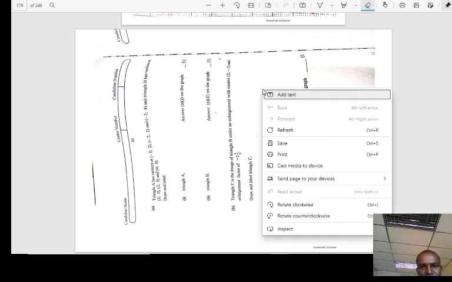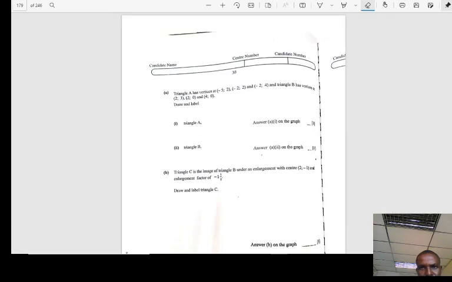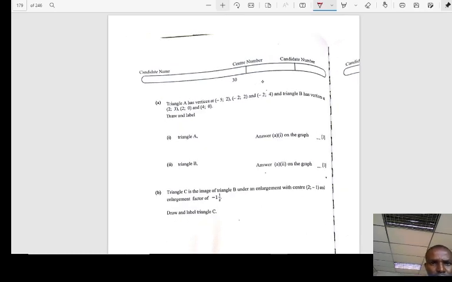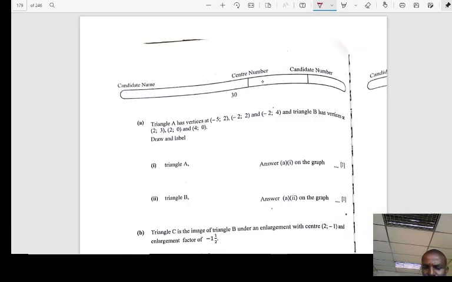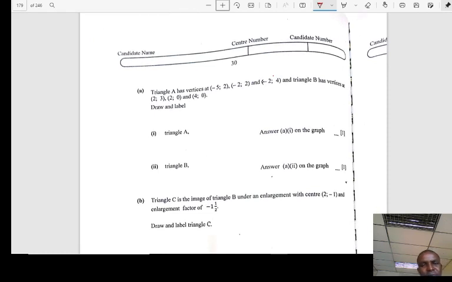Triangle A has vertices minus 2, 5, minus 2, 2, minus 2, 4. And triangle B has vertices 2, 3.